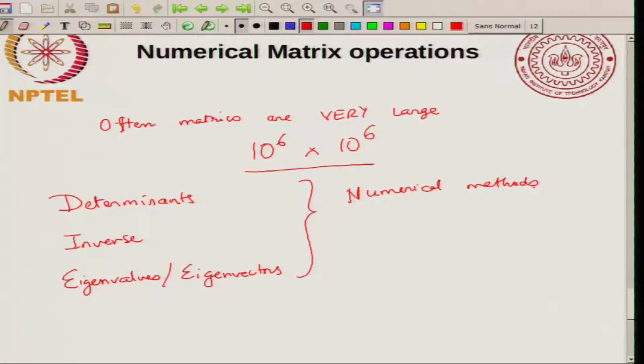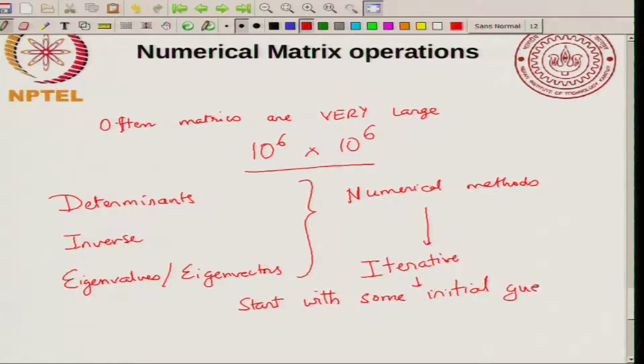And many of these numerical methods are actually iterative. That means you start with some initial guess and then you keep correcting it and keep on improving.